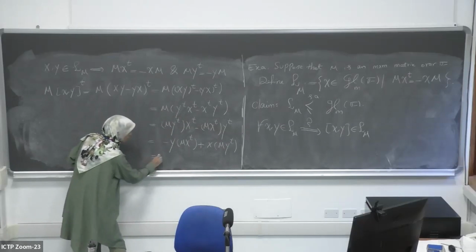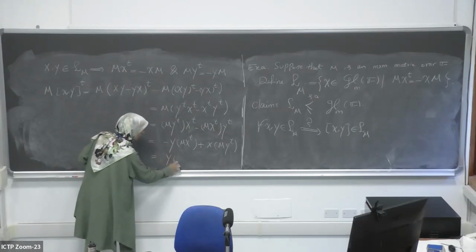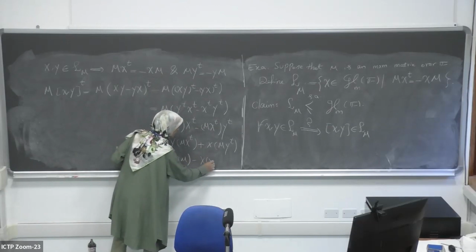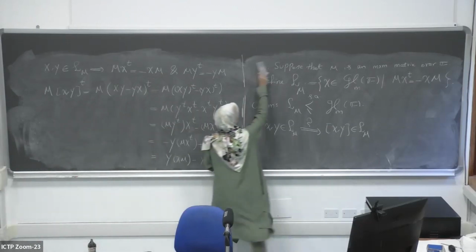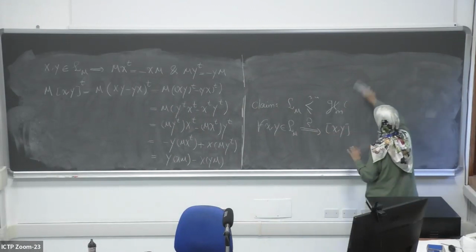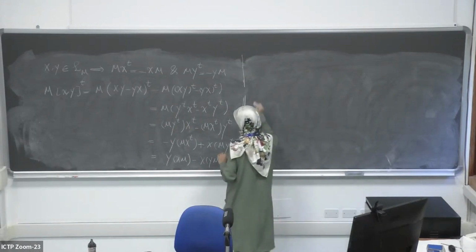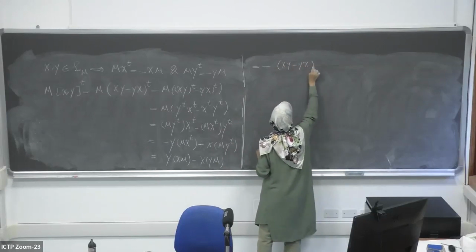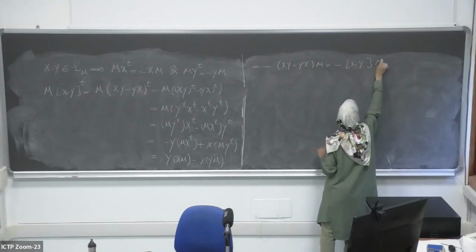Again, we have M xt is minus xM, so we have yxM, and we have minus xyM, and it equals minus (xy minus yx)M, which is minus [x,y]M.